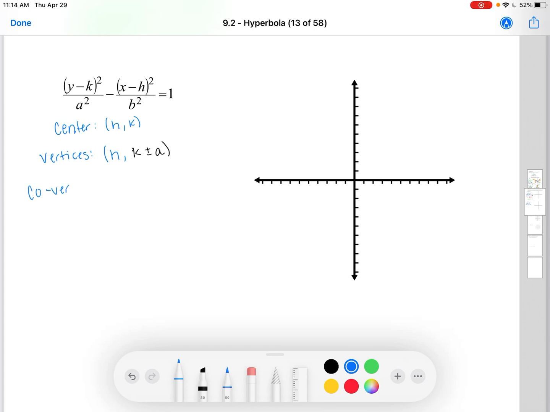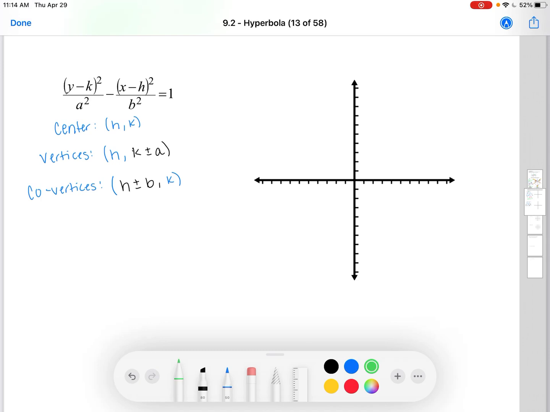Because the a is the bigger number, it will always shift whatever letter is paired with a. Then I head into my co-vertices. If a is already taken care of, then b I look to, and that is going to work with x. So then my h value from my center is going to change by plus or minus b, and my k will stay the same.